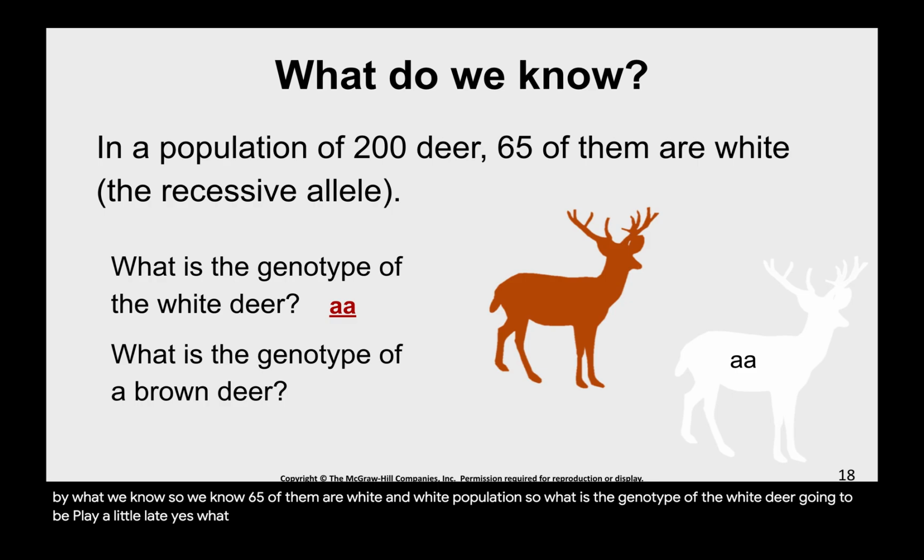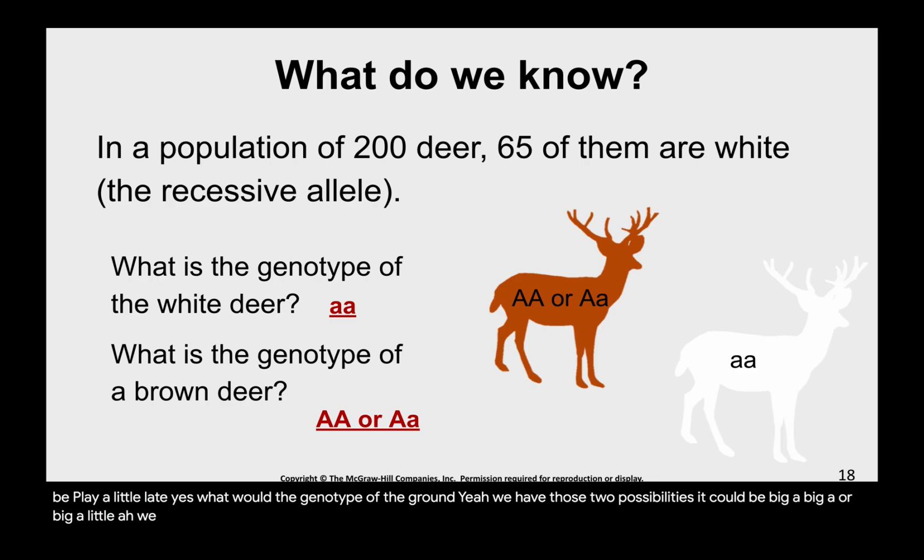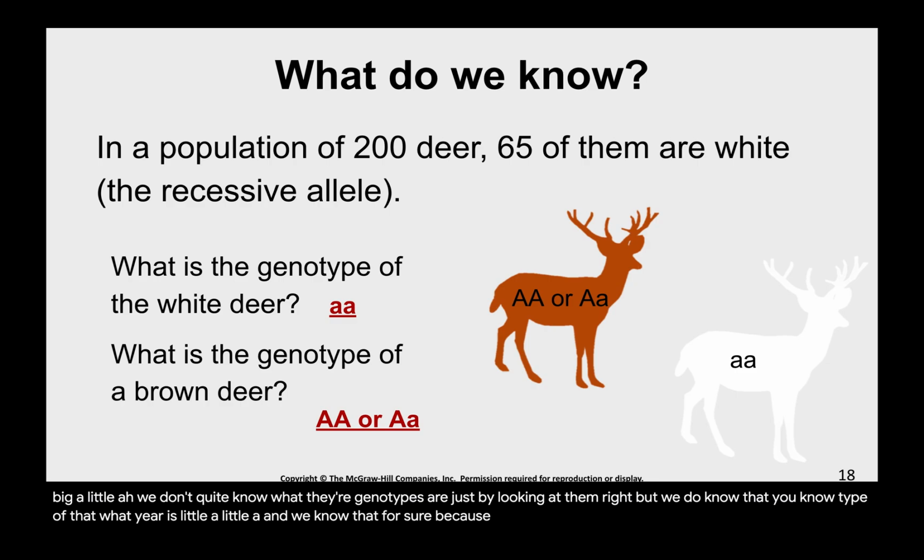What would the genotype of the brown deer be? Yeah, we have those two possibilities. It could be big A, big A, or big A, little a. We don't quite know what their genotypes are just by looking at them. But we do know the genotype of that white deer is little a, little a, and we know that for sure because in order to be white, you have to have 2 of those recessive alleles.